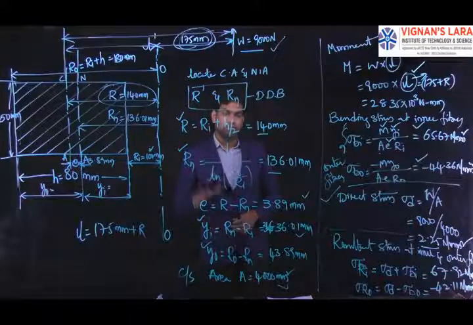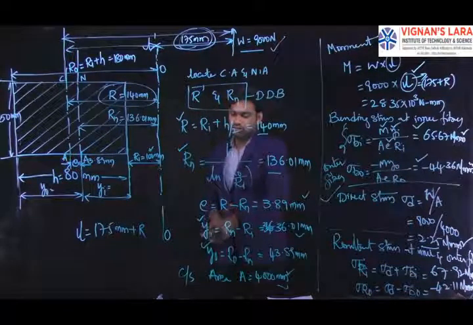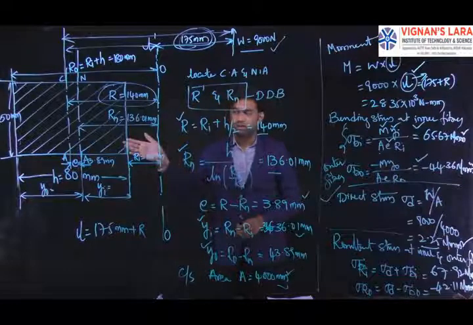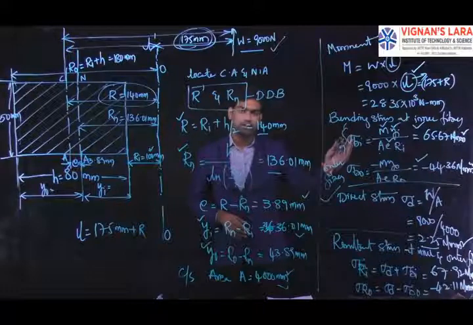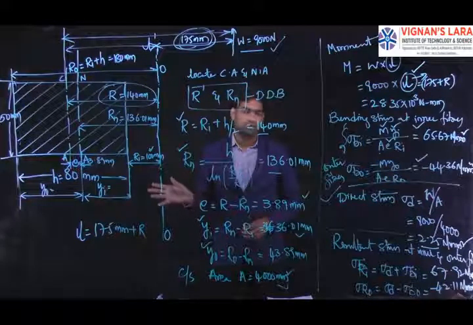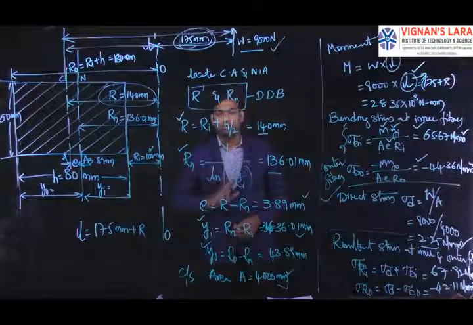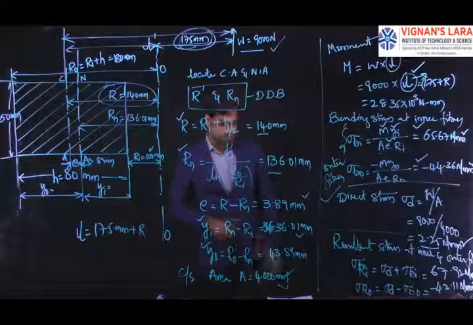Find the remaining values of offset distance and the distances from the centroidal or neutral axis to the inner and outer fibers, Yi and Y naught. Then find the bending moment, the bending stress at inner and outer fibers, the direct stress, and finally the resultant stress. Whatever the section and application, follow this procedure to give the resultant stresses for every section.